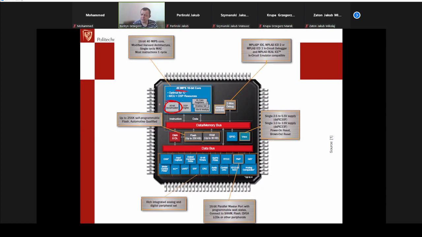Why should the accumulator be larger or longer? One of the simple examples: when you have a multiply and accumulate instruction, you have a coefficient and a sample. You multiply them together, then you should accumulate such results.